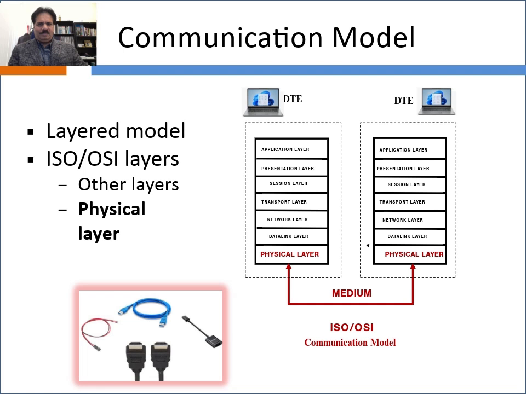The physical layer means cables, or it could be wireless, but eventually there are physical connections at the end. So the data is passed from the top layer to the physical layer, and those layers are called application layer, presentation layer, session layer, transport layer, network layer, data link layer, and the last one is the physical layer.